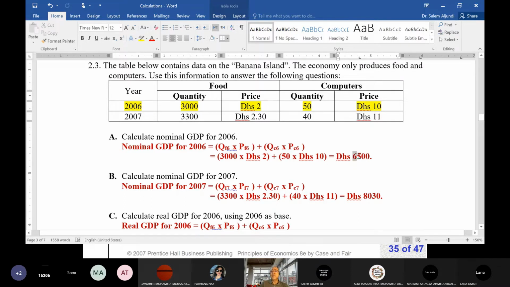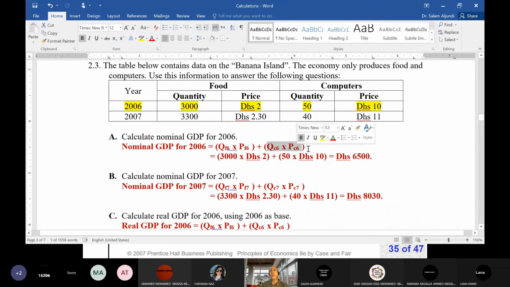So the answer is 6,500. Don't get confused: quantity of the first good times the price of the same good for the same year, plus the market value of the second good, quantity times its price.